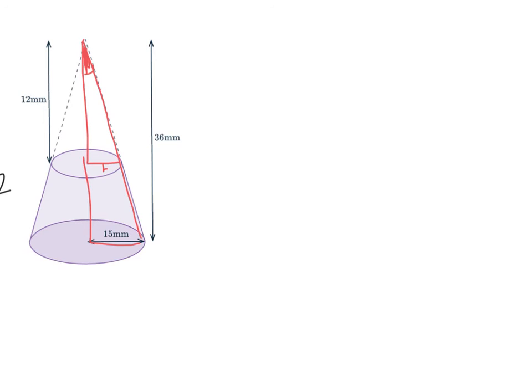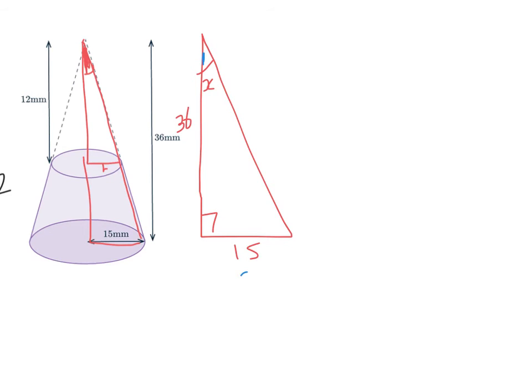Let's draw it out again with the big measurements. 36 high and 15 on the base. And I want to work out this angle, let's call it x. So if I label the triangle, opposite the angle is O and adjacent to it is A, so it's tan.